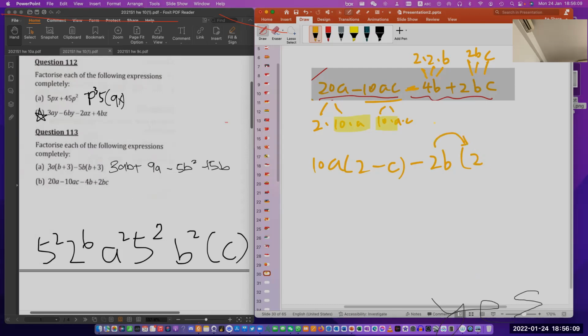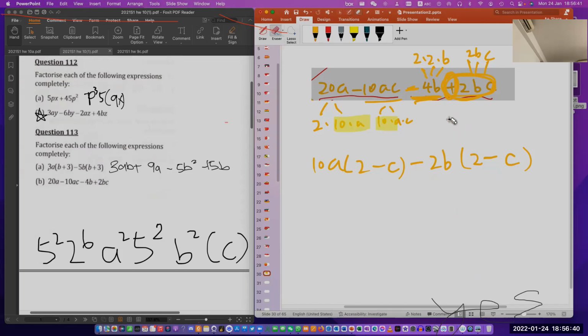So this will give me minus 4b. Then I take out 2b, I'm left with c. So plus c or minus c? Let's see. I'm supposed to end up with plus 2bc. So this will give me minus 2bc. Okay, good. So I am supposed to change the plus to minus. Yeah, that's it.